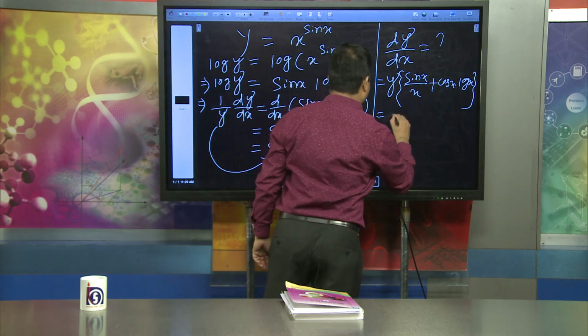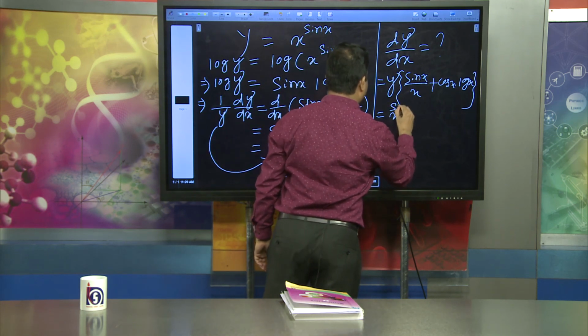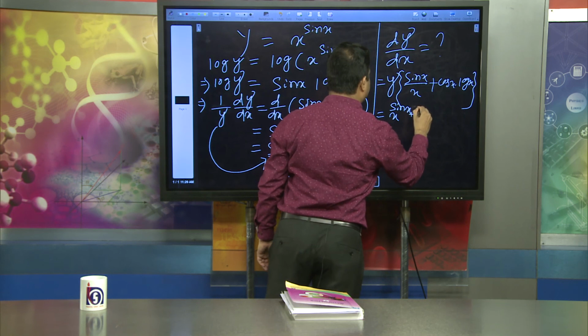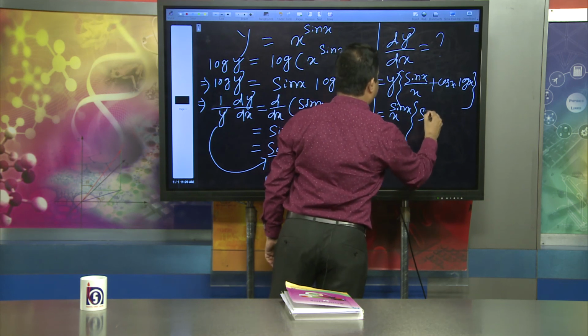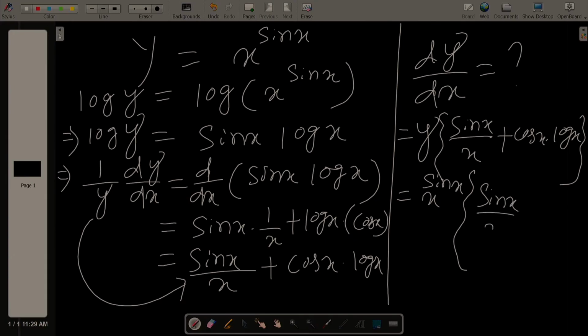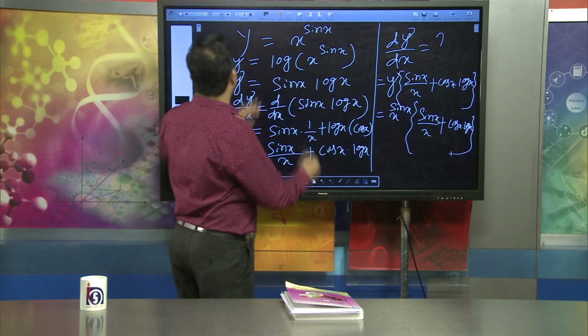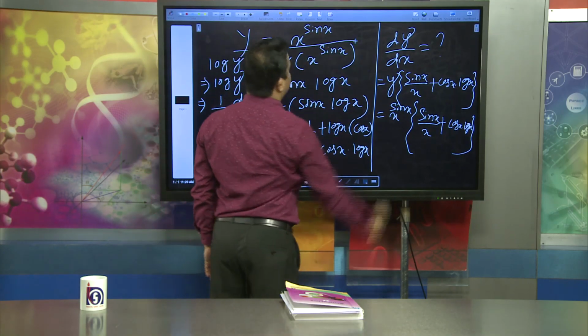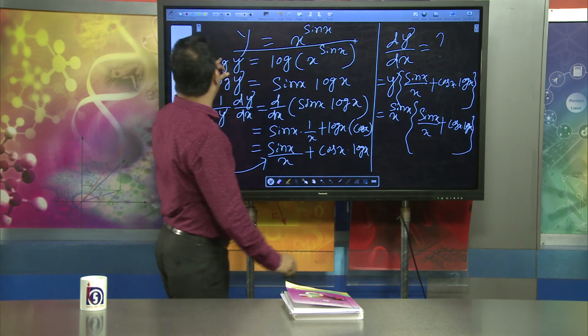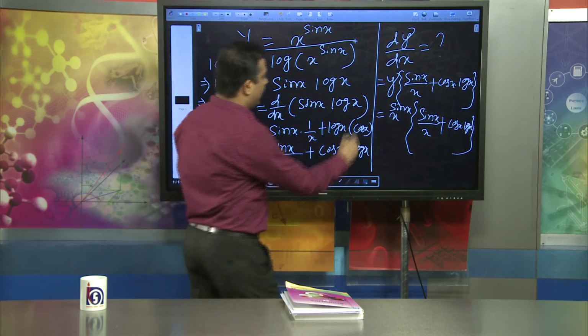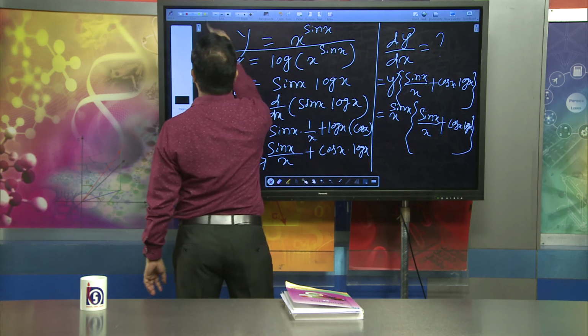So, the derivative will be x raised to the power sin x multiplied with sin x by x plus cos x into log x. I can say if y equals x raised to the power sin x, then the derivative of y is x raised to the power sin x multiplied with sin x by x plus cos x into log x, this will be the answer.